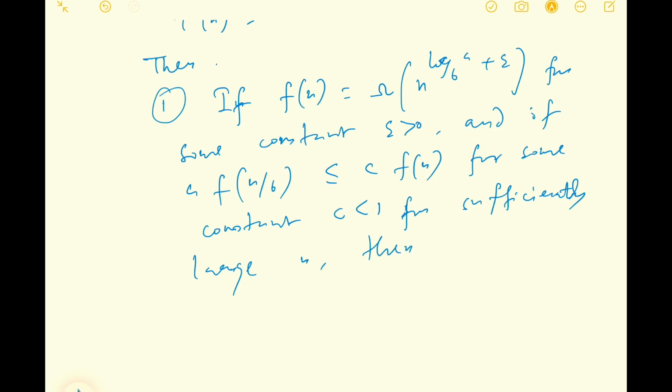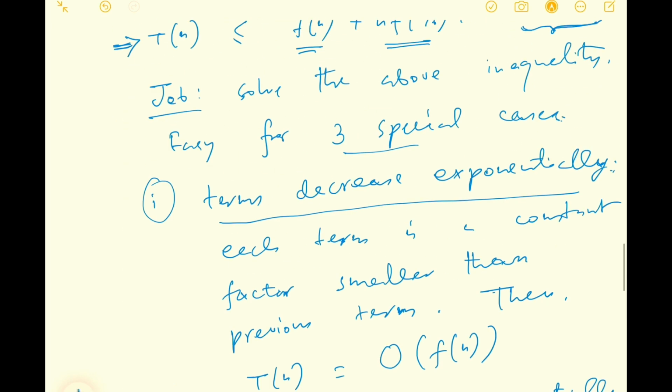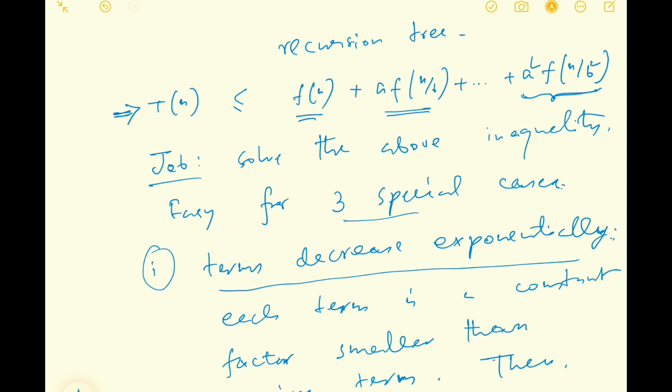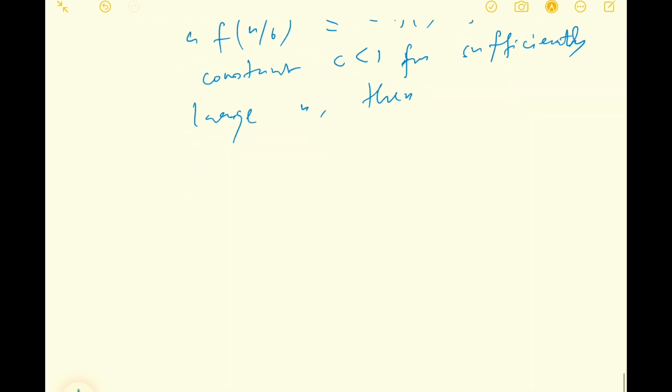then it turns out that if you expand it and write this series, T(n) is less than or equal to what, then you will see that this series is a decreasing series, decreasing exponentially. These terms decrease exponentially, and in this case you can write T(n) equal to theta of f(n).